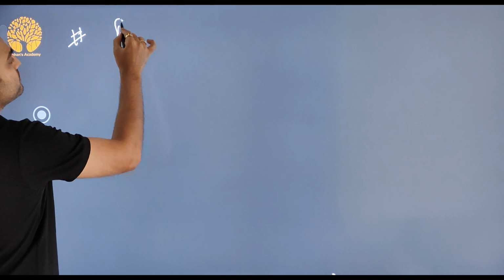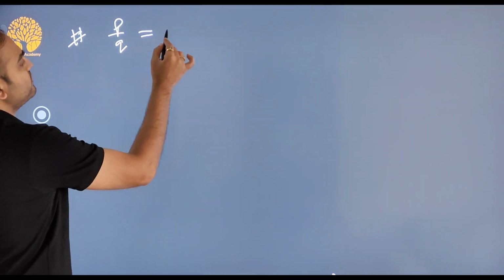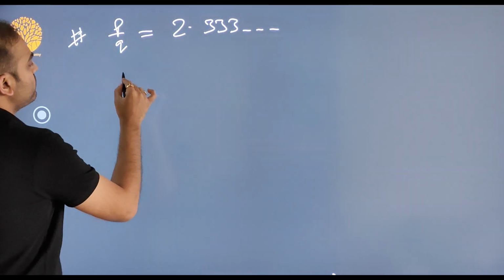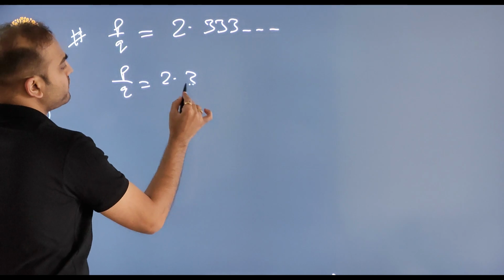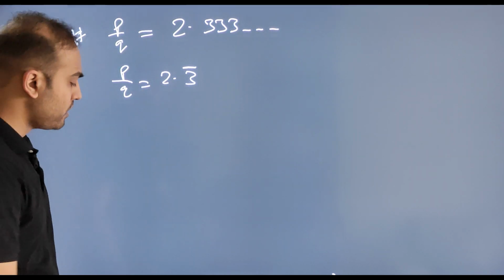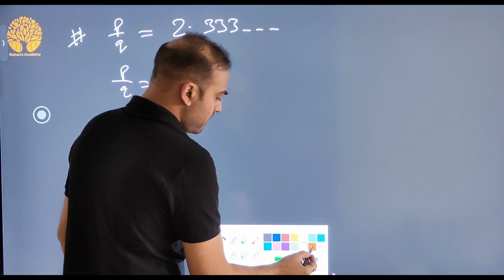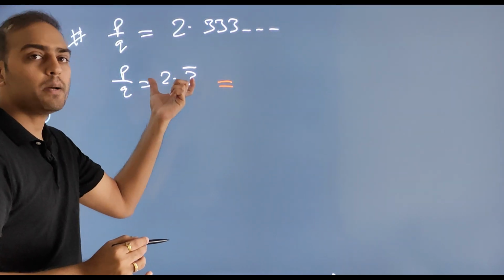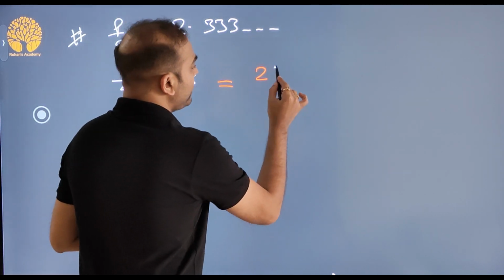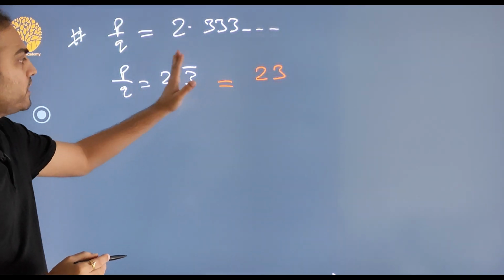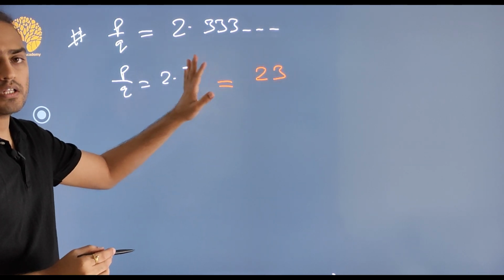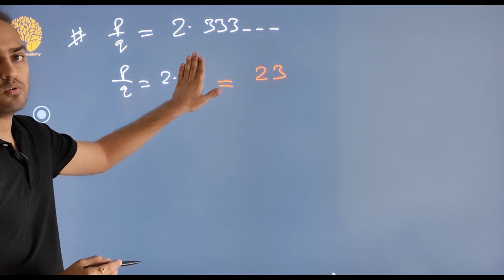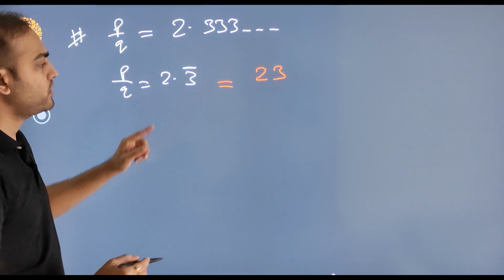Now what are rational numbers? p by q, and let's take the same example, so p by q is 2.3 bar. Now how do I find p? The method is very simple. Write the whole number as it is, so you write 23. Now hide the bar value. So what is left? 2 is left.